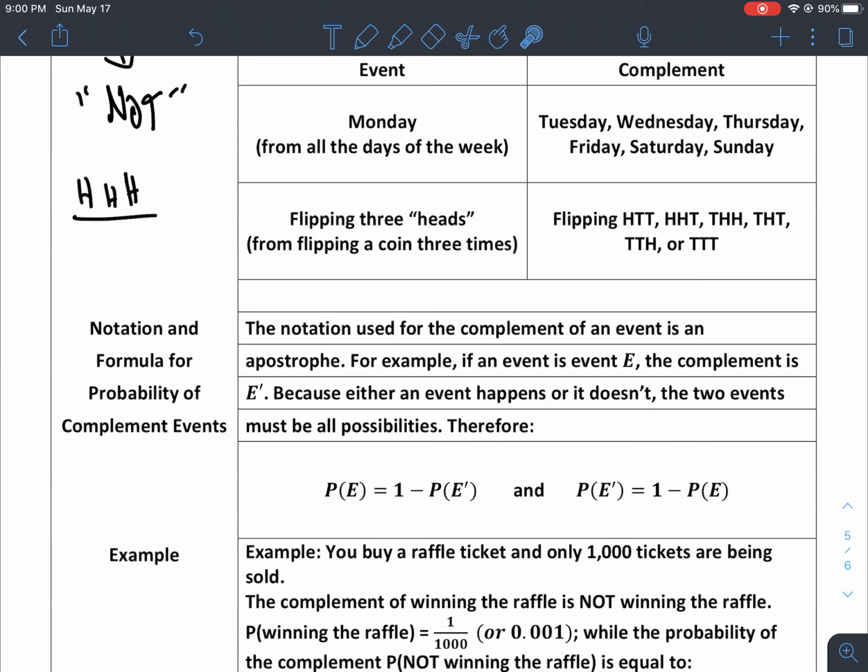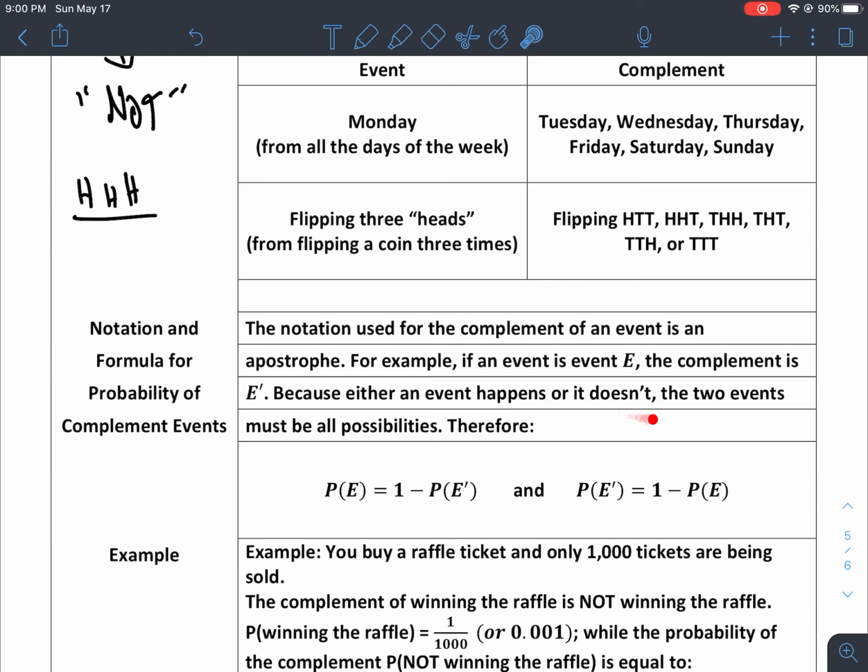So these are the complement. And the notation and formula for complement events can look like this. For example, if an event is E, the complement is written as E with a little apostrophe. And the idea of an event and a complement event is either the event happens or the event doesn't.